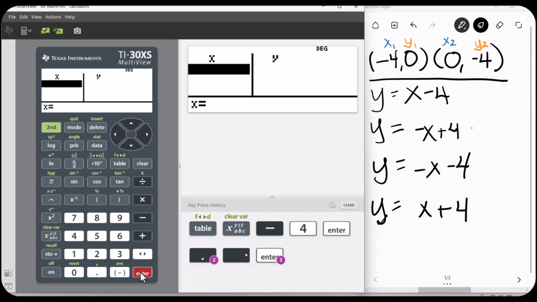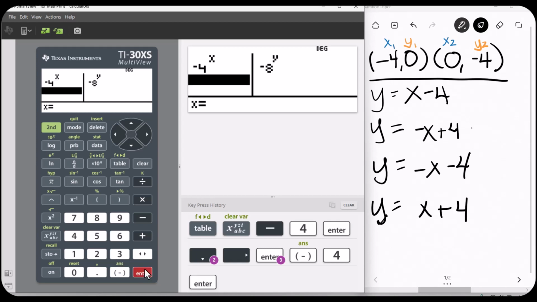So what I need to do is put in those 2 X values. The first one, -4, enter. And you'll notice it gives me -8. And if you're like, wait, but we want -4, 0. Y has to equal 0 when X is -4. We should just leave right now.